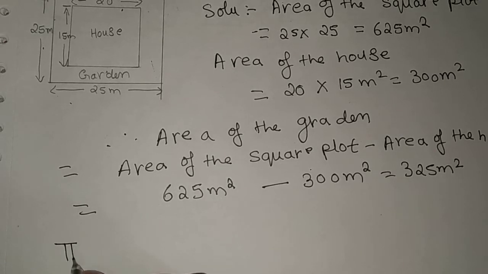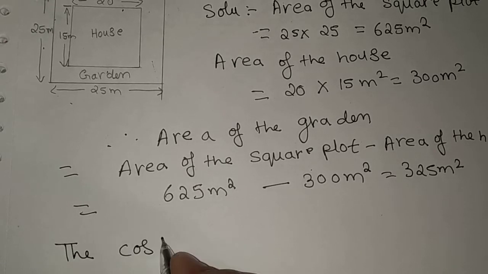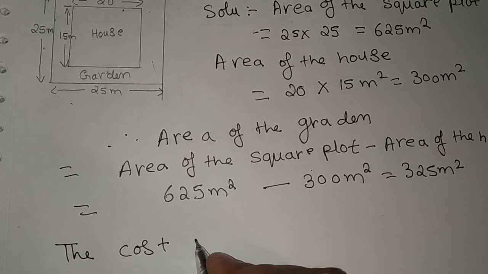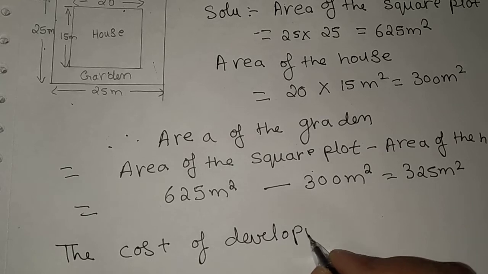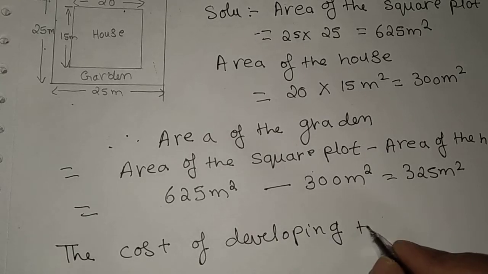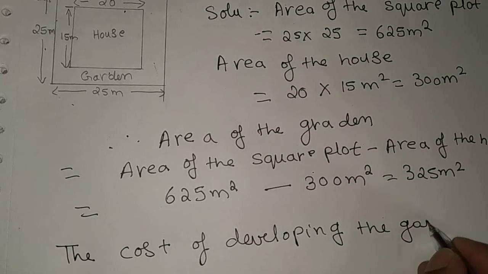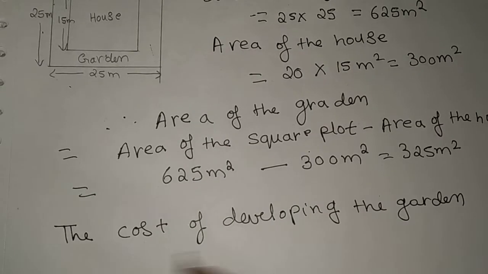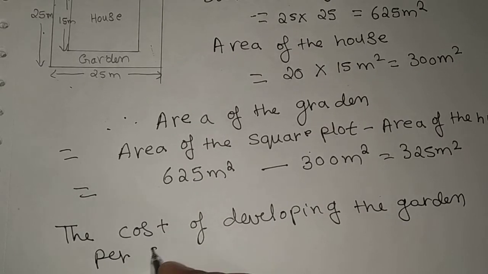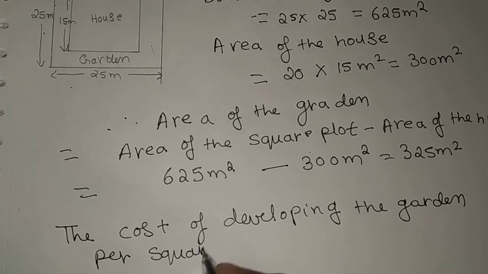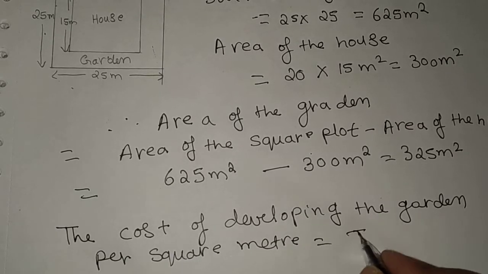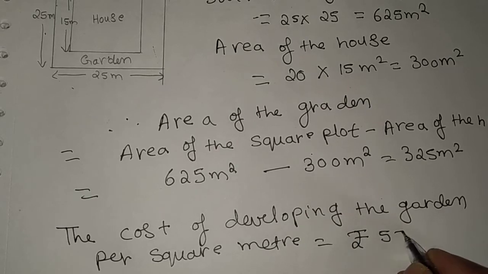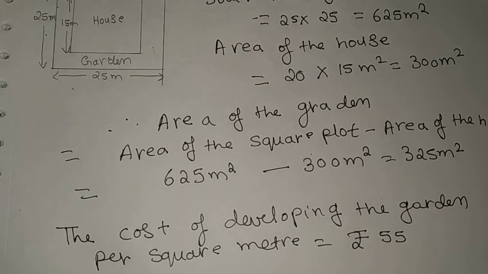Therefore, we have to calculate the cost of developing garden. Cost of developing the garden per square meter is equal to, they have given in the question, rupees 55 per square meter.